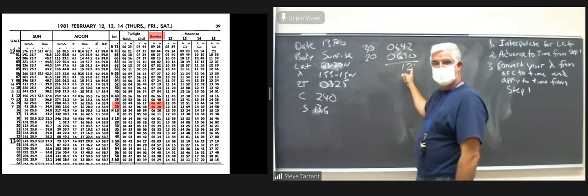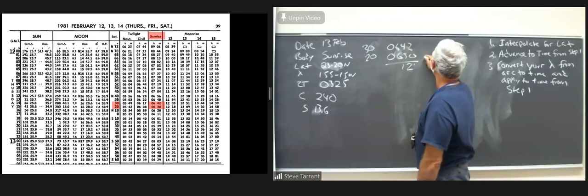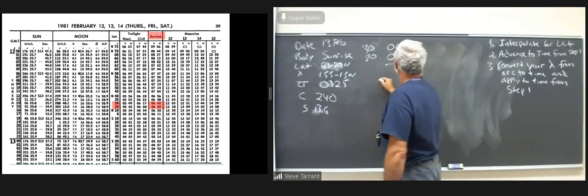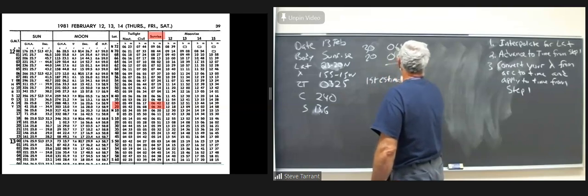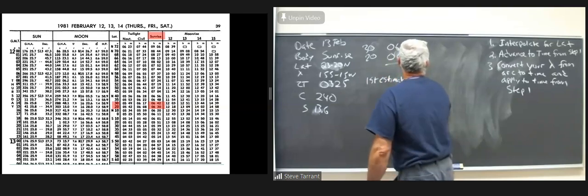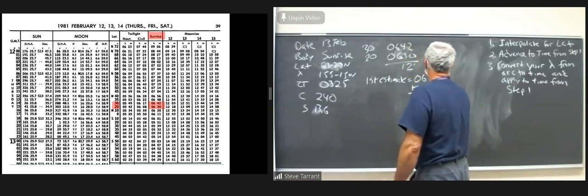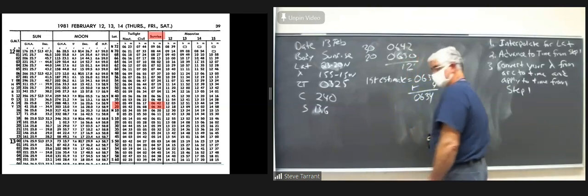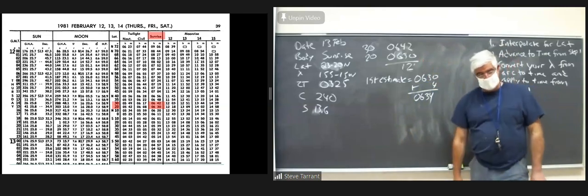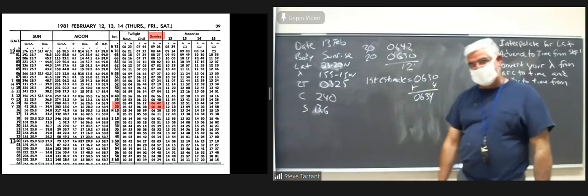How many minutes? 4. So my first estimate is 0630 plus 4 minutes, which is 0634. Okay? I just did this estimate by eye.